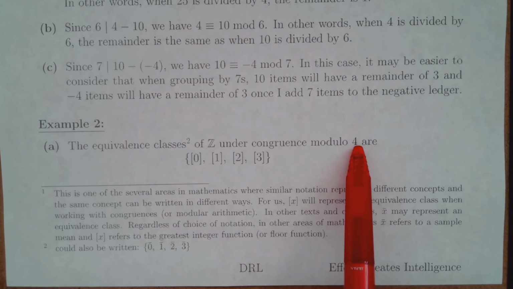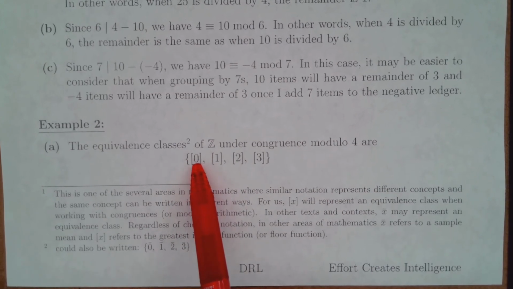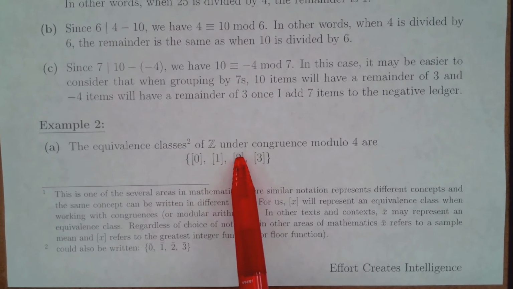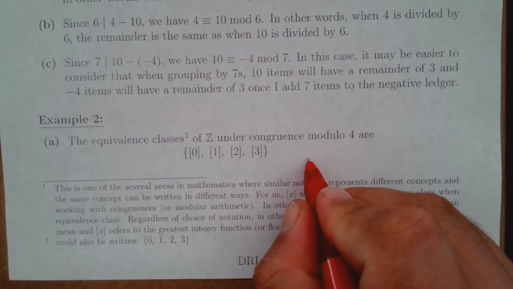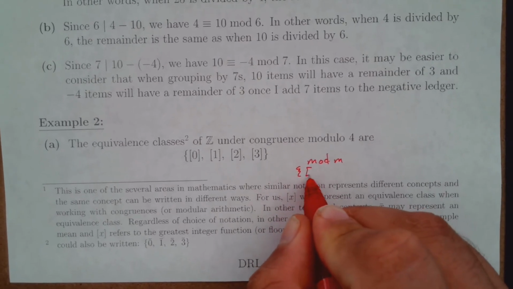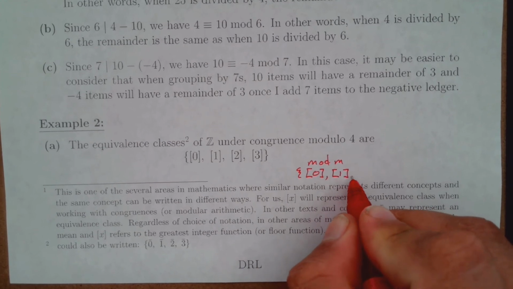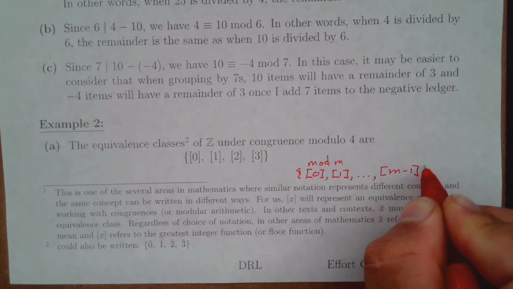When I'm taking things in groups of 4, I'm either going to have nothing left over, in which case 4 divides the number, I could have 1 left over, or I could have 2 left over, or I could have 3 left over. And in general, if I'm working with mod m, the equivalence classes are 0, 1, all the way to m minus 1.